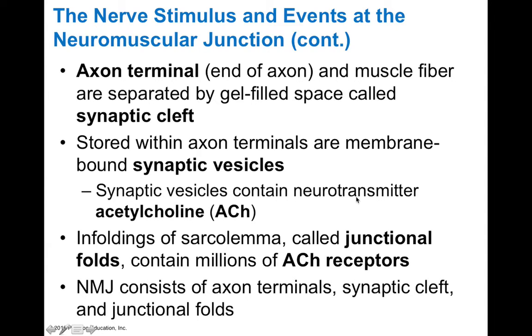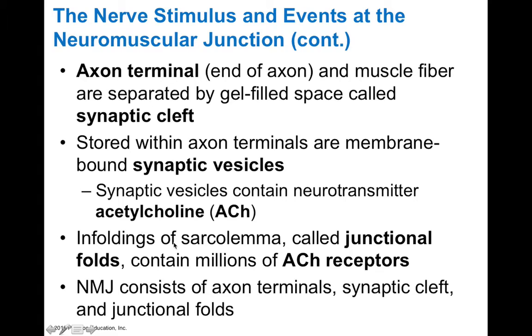A neurotransmitter is a chemical message, and this specific type that your motor neurons use is acetylcholine. It's a pretty basic molecule, but its purpose is to serve as a chemical signal that can bridge the electrical signal of a neuron to a muscle.